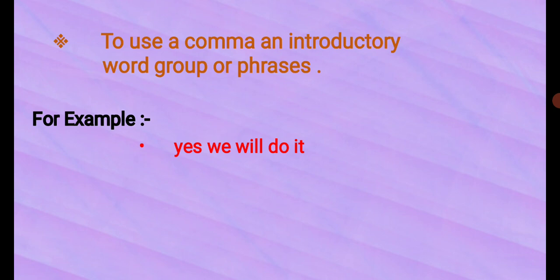So what is the first sentence? Yes, we will do it, right? So what will be the answer? Y of yes will be capital. After yes we will put comma, then after comma which letter is there? W. Then we will put W also as a capital, and after it we will put full stop. So what will be the answer? Let's see. Yes, comma, we will do it, full stop.